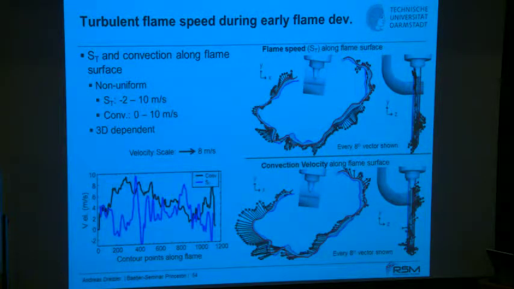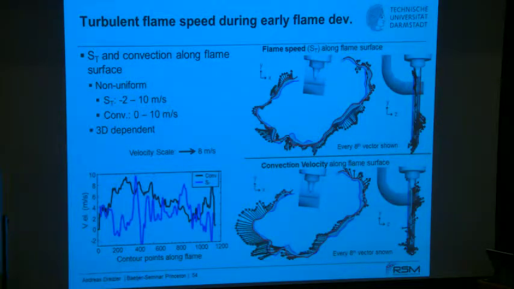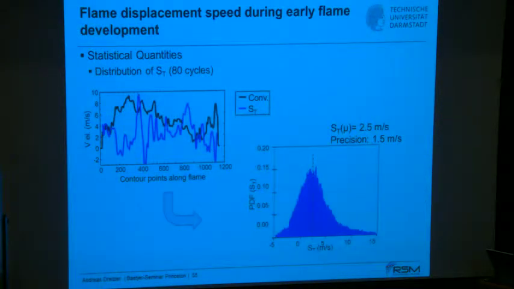And then as well, if you go along that line and plot the convection as well, the modulus of the displacement speed, you find as well, of course, things which are completely uncorrelated as expected. Okay. And you see as well here the negative ST values that shoot down to certain values in this realization smaller than -2 meters per second.